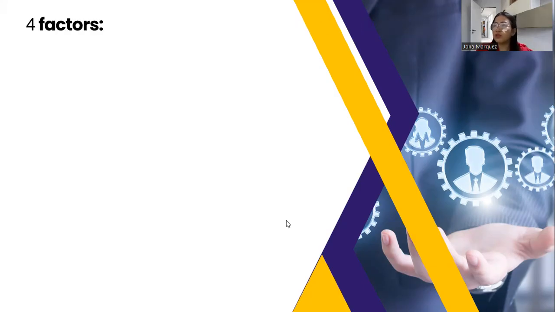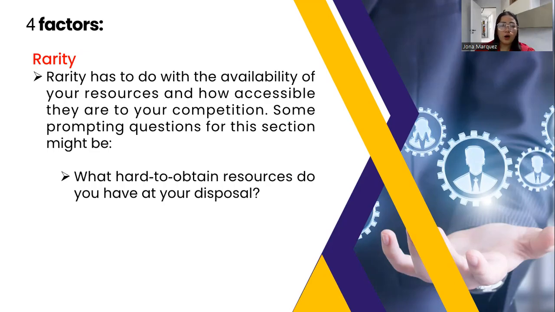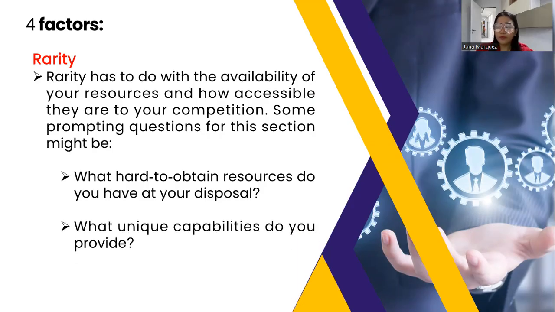So let's proceed with the next factor, rarity. It has to do with the availability of your resources and how accessible they are to your competition. Some prompting questions should be: what hard-to-obtain resources do you have at your disposal? What unique capabilities do you provide?